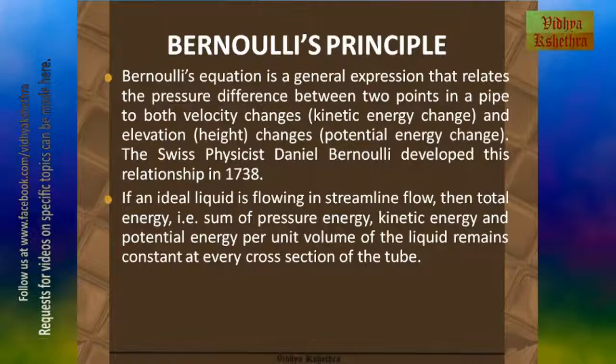It states that if an ideal liquid is flowing in streamline flow, then total energy, that is, sum of pressure energy, kinetic energy and potential energy per unit volume of the liquid remains constant at every cross section of the tube. That is, P plus half rho V square plus rho g h is equal to constant. We can prove this expression.